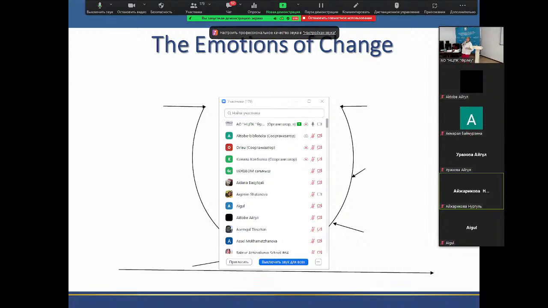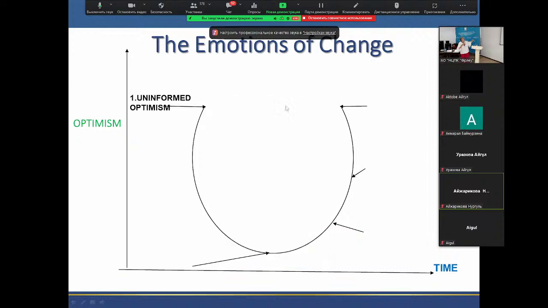It's very important for every mentor to remember about what happens with the novices during the period of adaptation. Please click more. We need some information.